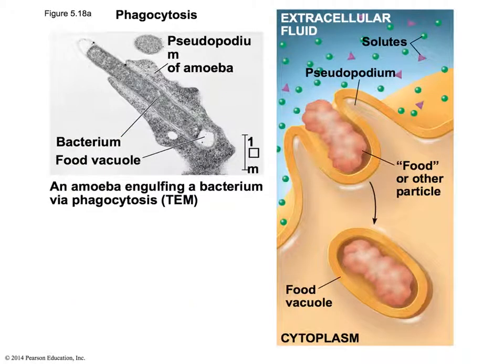So the next part of the chapter, the last part, is endo and exocytosis. So endocytosis. What does endocytosis mean? Substances are taken in. So the cell takes something in. Cell intake.